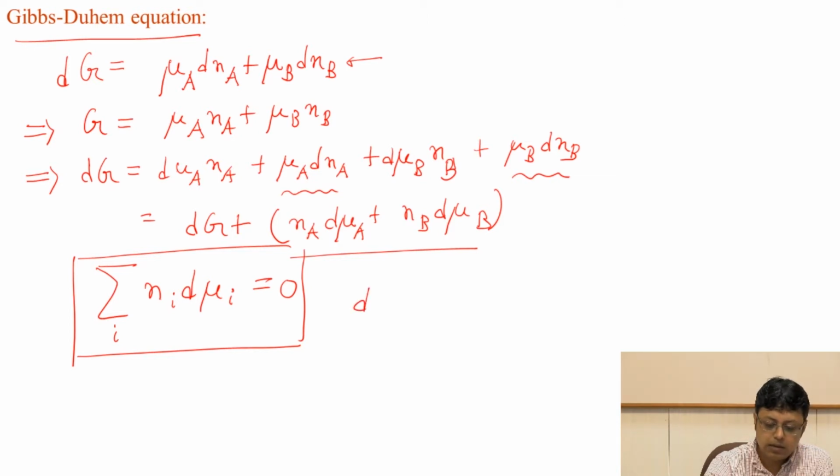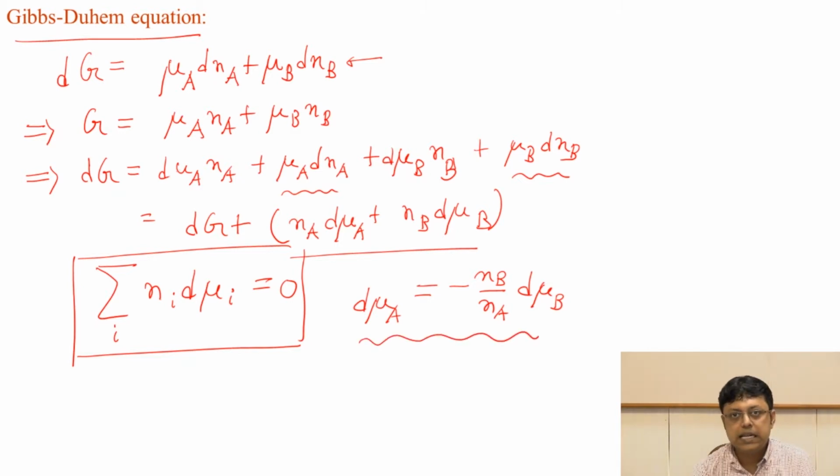Then we can write d mu A in terms of d mu B as NB by NA into d mu B. This is an interesting situation. It tells us that if I want to change the chemical potential of one component, I cannot change it independently of the chemical potential of the other component because they are related.